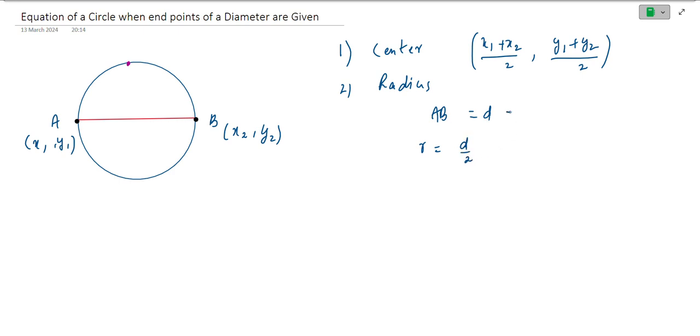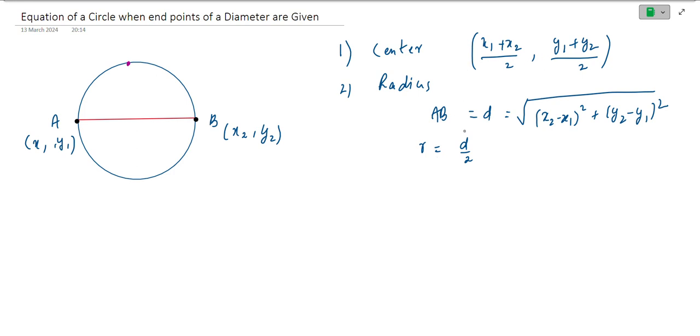The distance formula is the square root of x2 minus x1 whole square plus y2 minus y1 whole square. That is the AB distance. I have applied the formula for the distance between two points here to find the distance d. Half of this will become the radius.